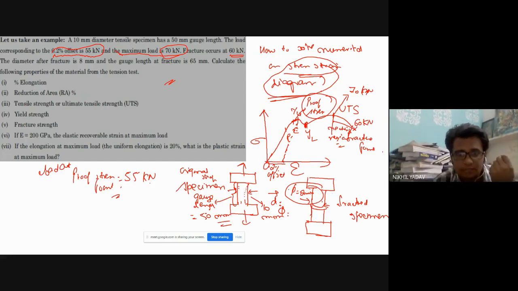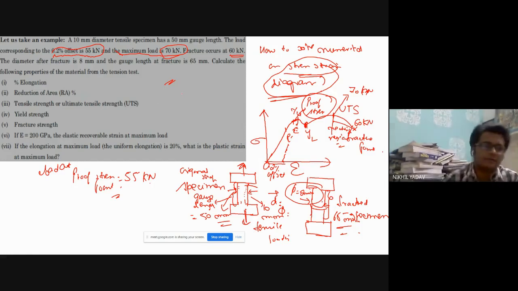It's very obvious that initially the length was 50 mm and now the length has increased because we have applied the loading in such a way that its length has increased, that is known as the tensile loading, right? And its final length is 65 mm. Okay, fine. So all these are the values given in the numerical, right?